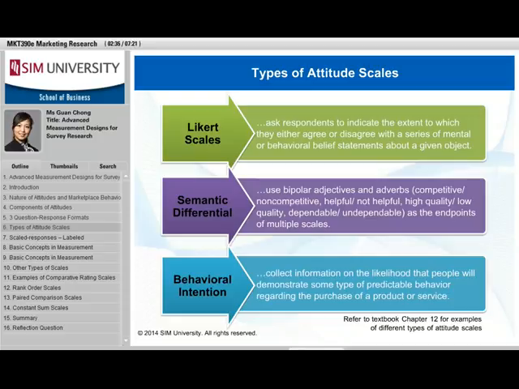Semantic differential scales use bipolar adjectives and adverbs as the endpoint of multiple scales, such as competitive, non-competitive, helpful, not helpful, high quality, low quality, dependable, undependable. Behavioral intention scales collect information on the likelihood that people will demonstrate some type of predictable behavior regarding the purchase of a product or service.